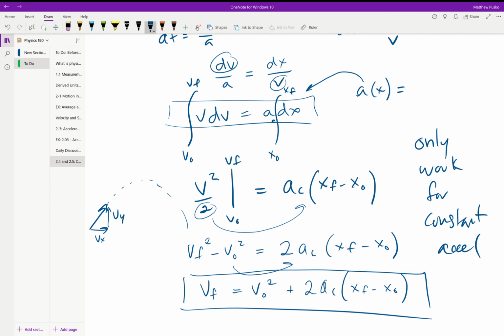Unless there's drag, though, I'll show you that the velocity in the x direction remains the same. So at any given point, the component in the x direction has the same magnitude. But if it's going up to the top here and turning back around and coming down, that means the velocity in the y direction eventually gets smaller, goes to 0, and then ends up coming down in the other direction.